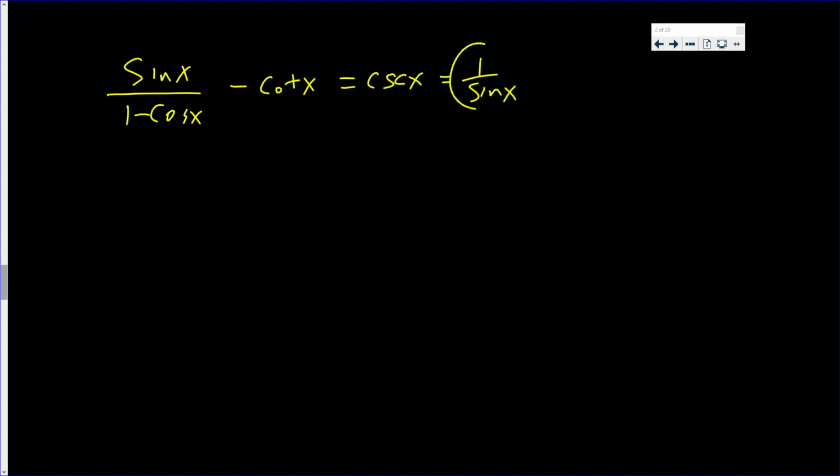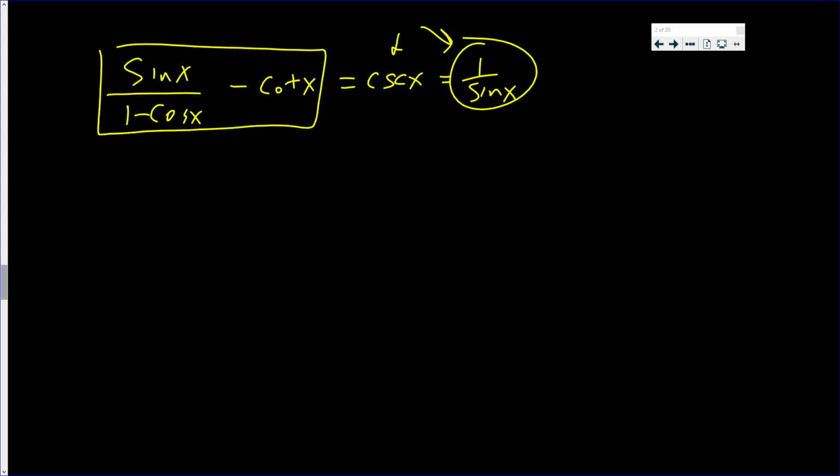Suppose you were asked to show that sine x over 1 minus cosine x minus cotangent x is equal to cosecant x, which we won't tell anyone, is 1 over sine x. Now, whether you look here or here, that's a lot simpler looking than this.